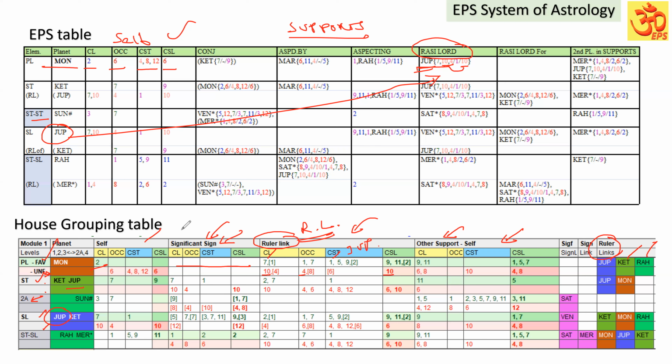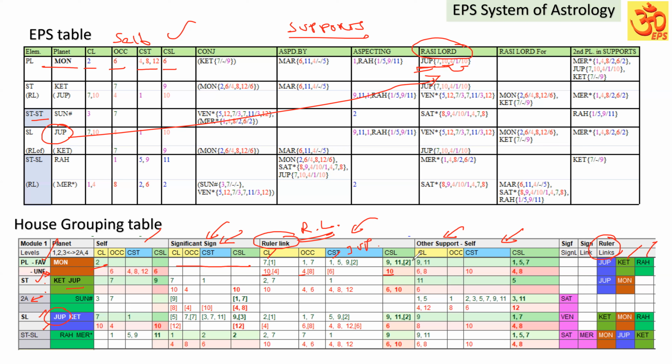So moving from left to right, the support planets' impact level will vary. It'll reduce. When compared to the other supports, the ruler link will have more strength and impact. When compared to the ruler link, the significant sign lord also will have some weight. These are almost equal, but other supports have comparatively less strength.